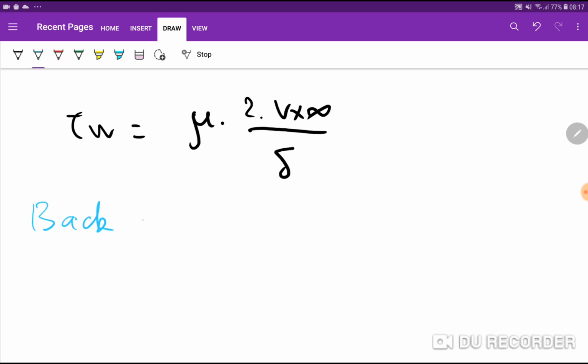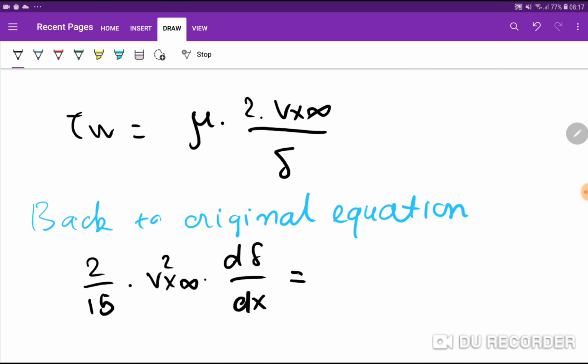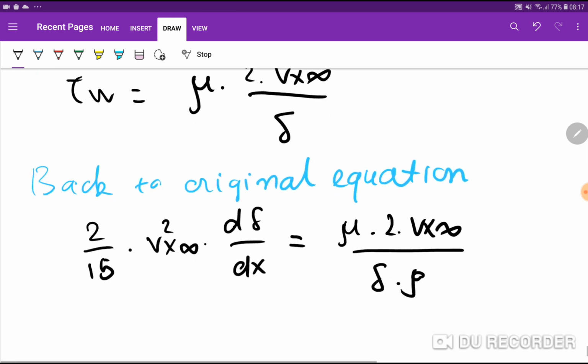Back to the original equation, you will get 2 over 15 times Vx infinity squared times dδ/dx equals τw over ρ, which is μ times 2 times Vx infinity over δ times ρ.